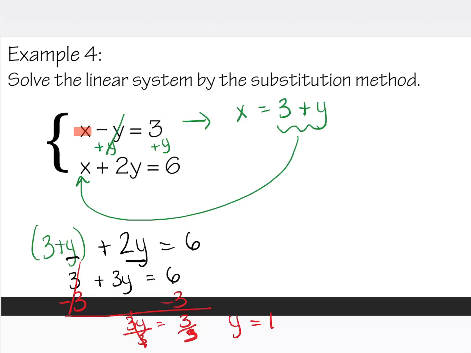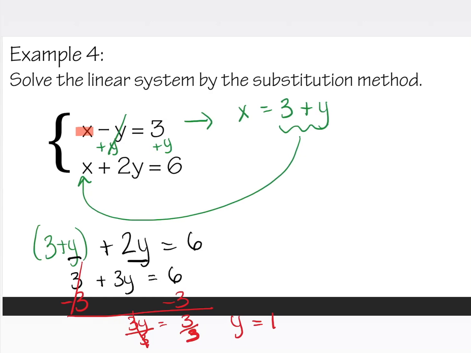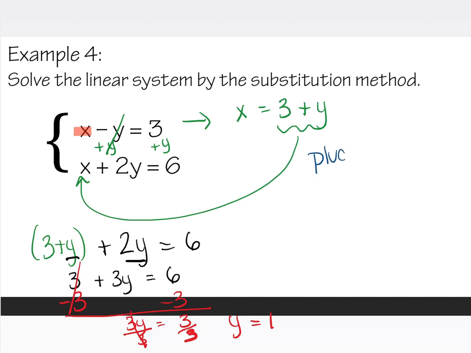So again, now I have my y variable, but I still need to figure out my x variable. So I need to plug back in to find x. I always like to plug back into one of the original equations because it's easier just to make sure that you did the math correctly and you didn't mess up when you were translating the equation.